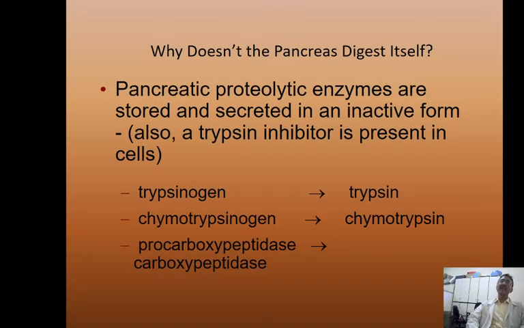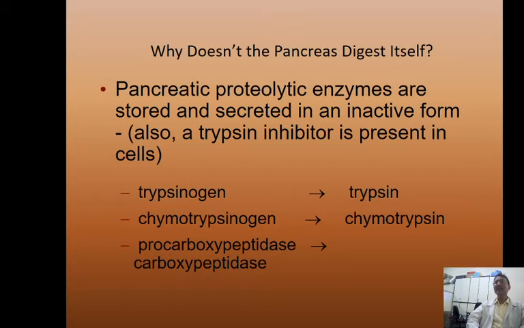Now the next question is, if the pancreas consists of enzymes which digest proteins, fats and carbohydrates, why don't the enzymes destroy the pancreas gland itself? For this, one thing you should remember is that all these enzymes which we have discussed, the pancreatic amylase, the pancreatic lipase, the esterases or the proteases, are all present in an inactive form.